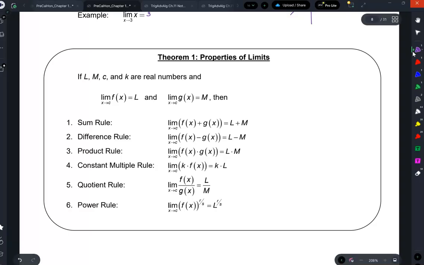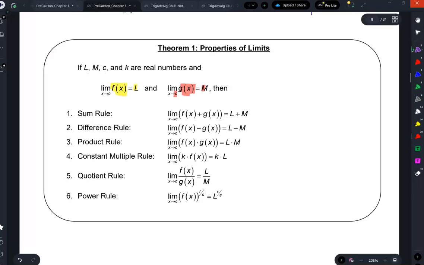So if you have a function f of x and the limit as x approaches c is L, and you have a function g of x and the limit as x approaches c is M, then you have the sum rule. The limit as x approaches c of f of x plus g of x is just the sum of the limits.